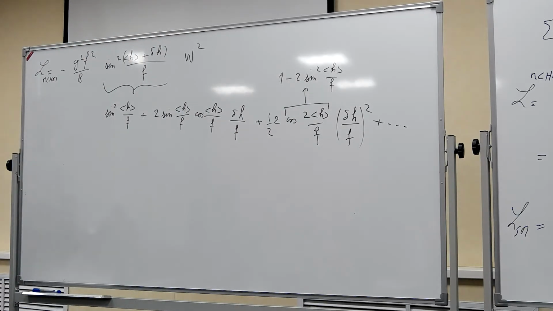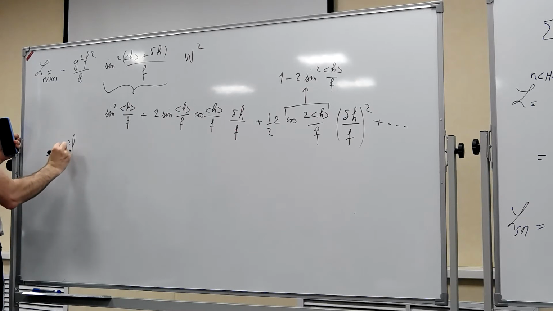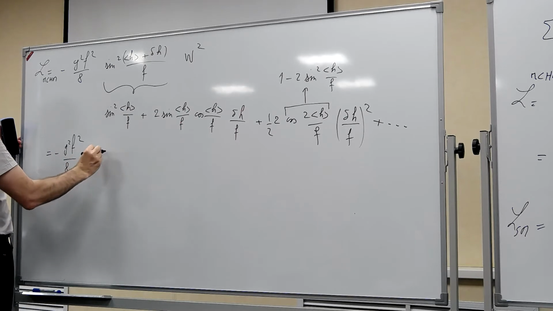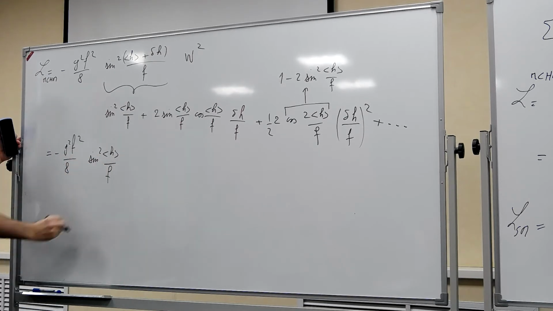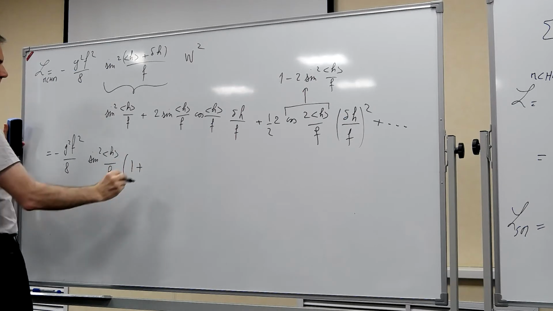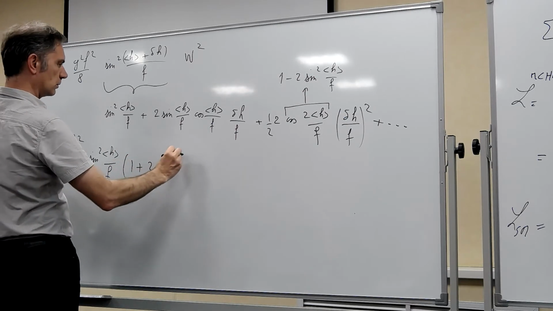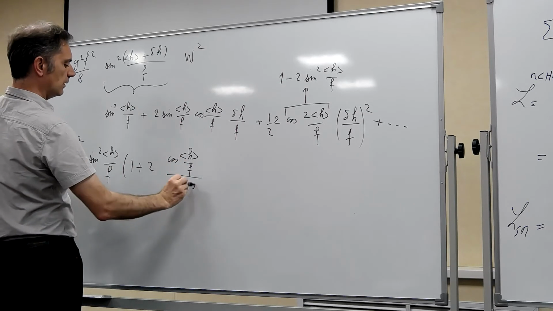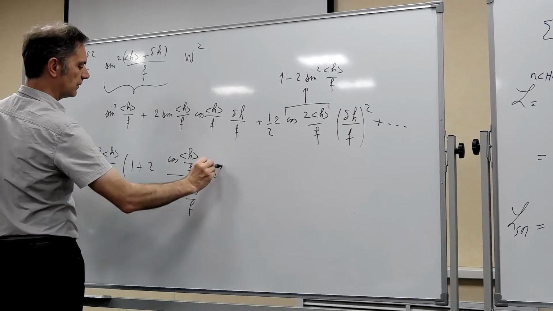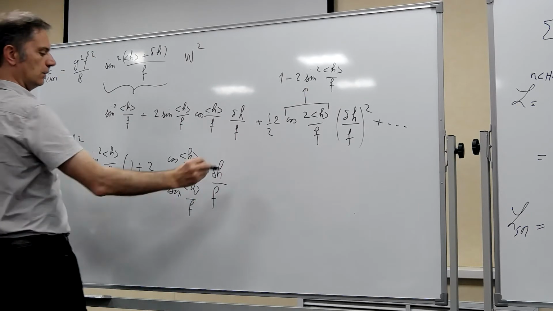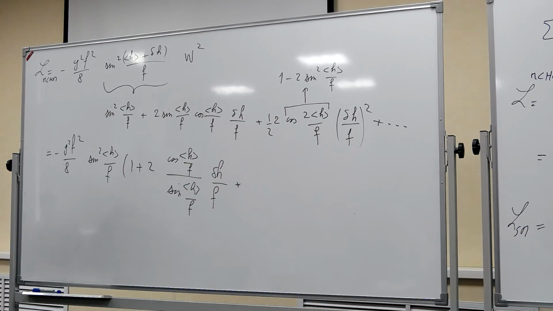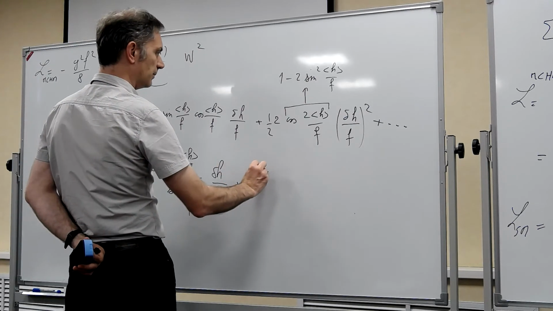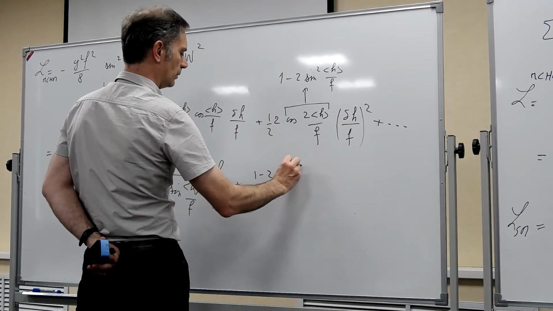So what about these things? F times sine is nothing else than v. Right? This is v. And here, cos is the square root of 1 minus sine squared, so this is the square root of 1 minus v squared over f squared.